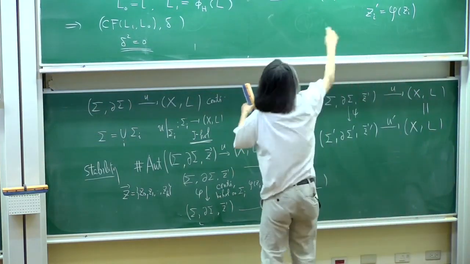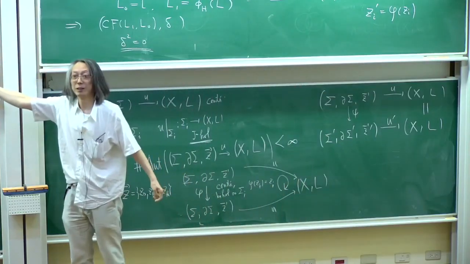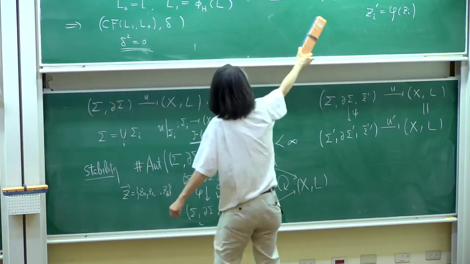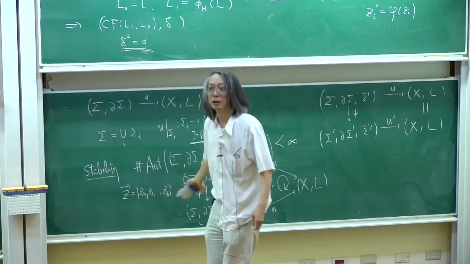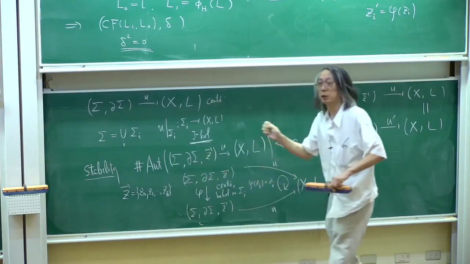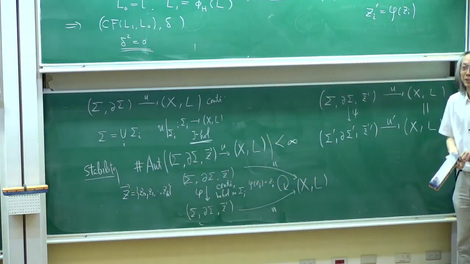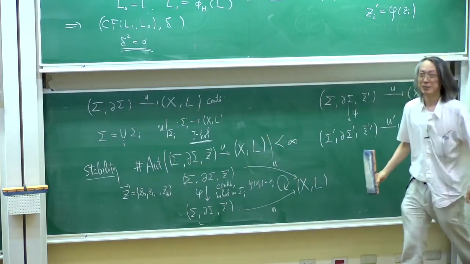This is a definition for this action, and you can consider this definition of action for this kind of stuff. But stability is a condition. One is a definition, the other is a condition.